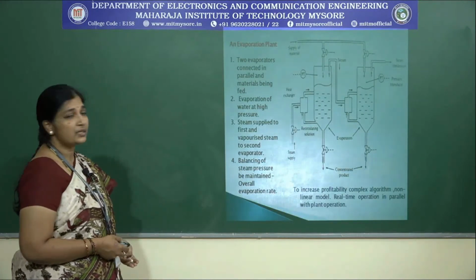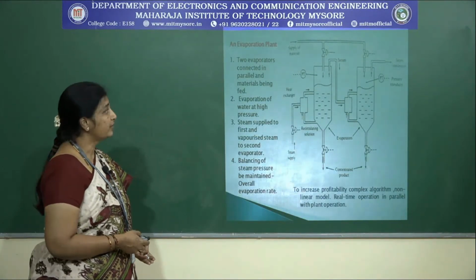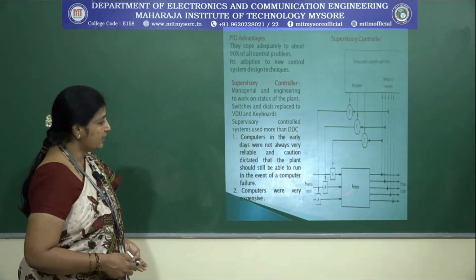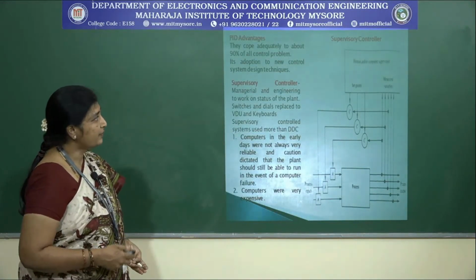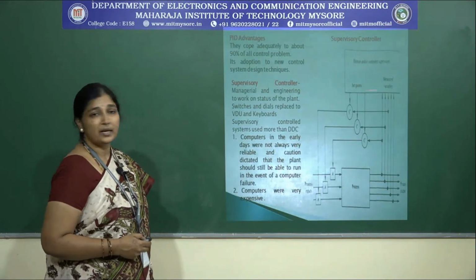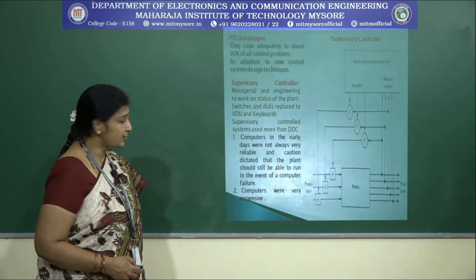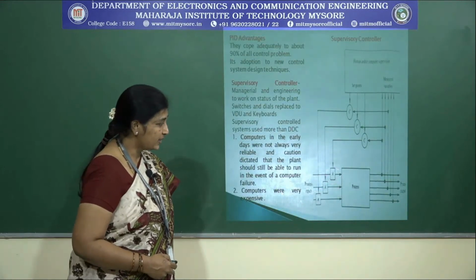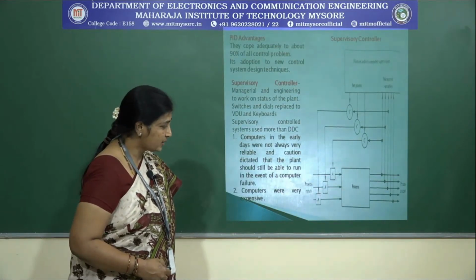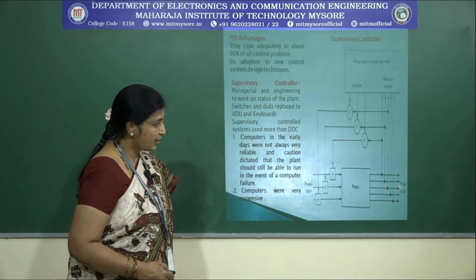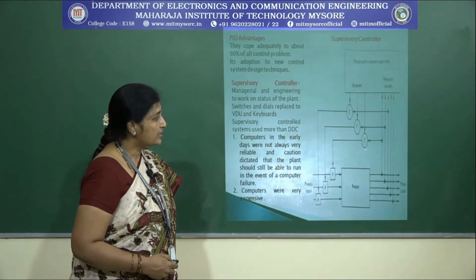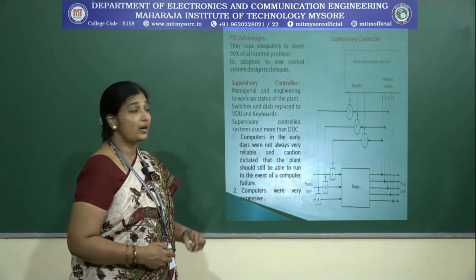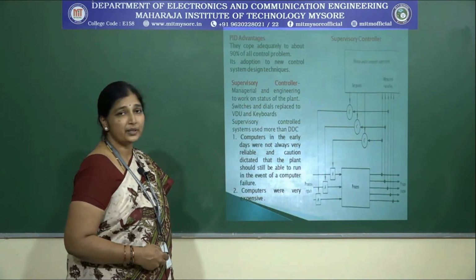The best example to understand the supervisory control is in this block diagram. As I just explained, you have a processor, you have all the actuators. Here A represents the actuators, the process inputs, and you have the process output. What C represents here is the control lines which are connected to the actuators.